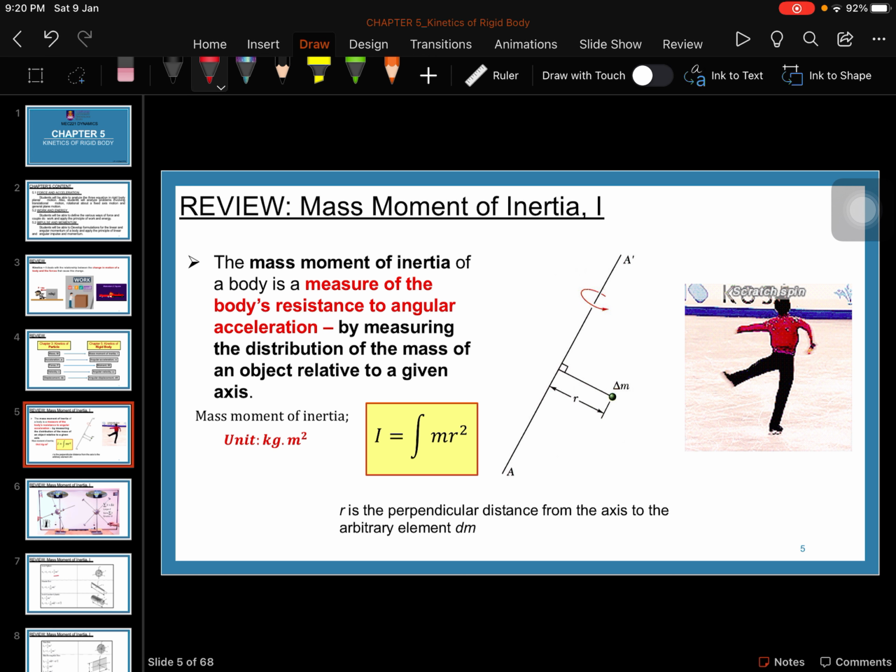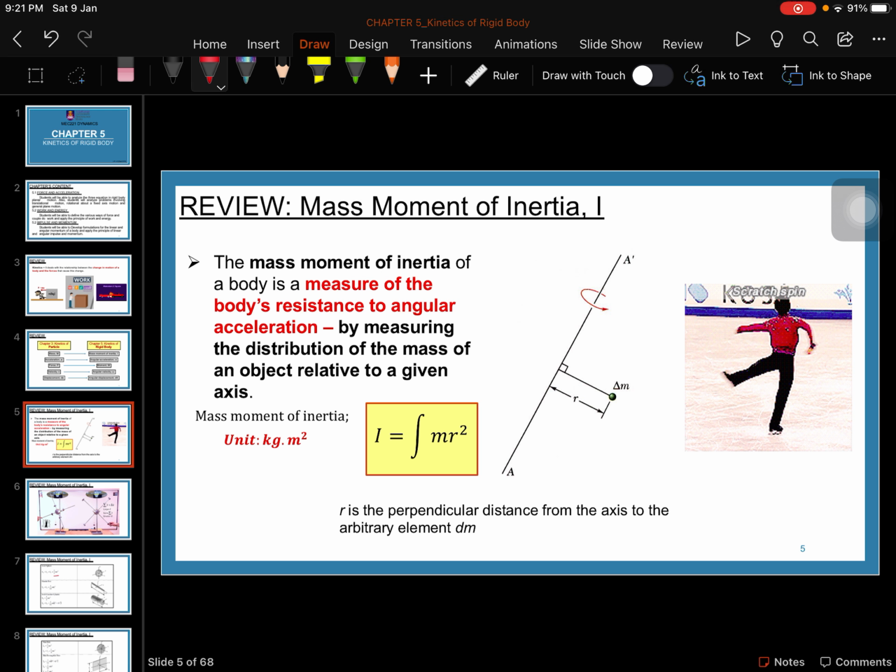Next, let's recall what is mass moment of inertia. I believe you all learned this topic. The mass moment of inertia of a body is a measure of a body's resistance to angular acceleration by measuring the distribution of the mass of an object relative to a given axis.